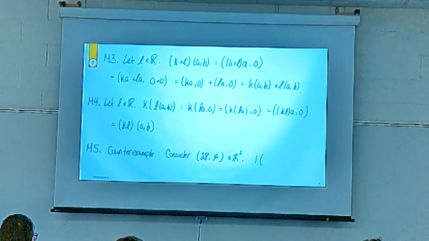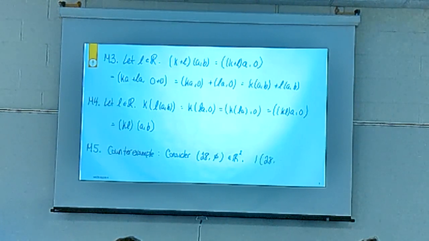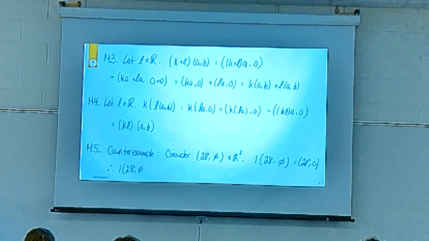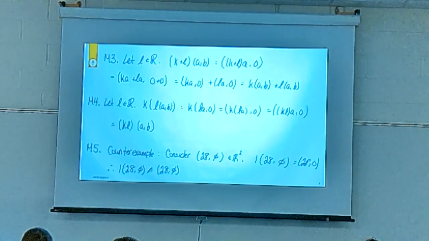We want 1 times phi. By definition, that's 28, 0. Which means 1 times it doesn't give you itself, as it should.